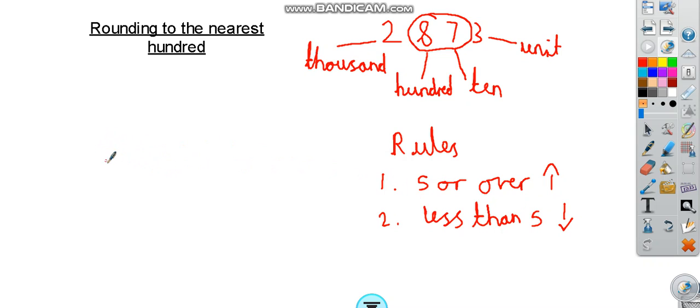Now say you had a number like 283. First, to round this to the nearest hundred, you have to look at the 100 and the tens and put a line in the middle. Now you look if the tens is 5 or over.